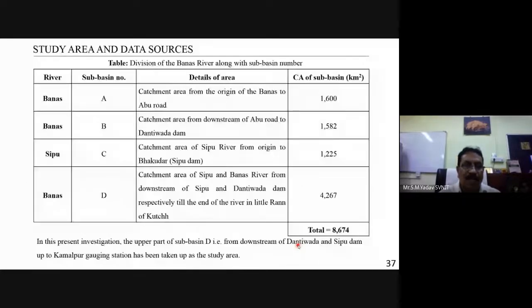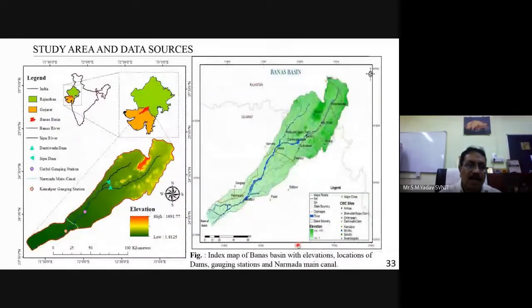I'll show it here in this map. Yeah, this is my Narmada Main canal. It's a contour canal, and it is passing perpendicular to the Banas river. And somewhere over here, this canal siphon is constructed.